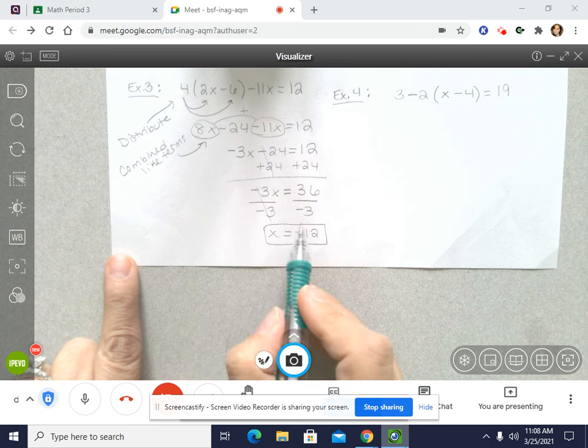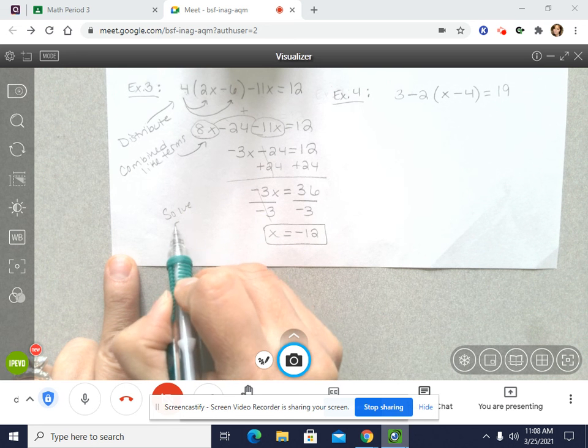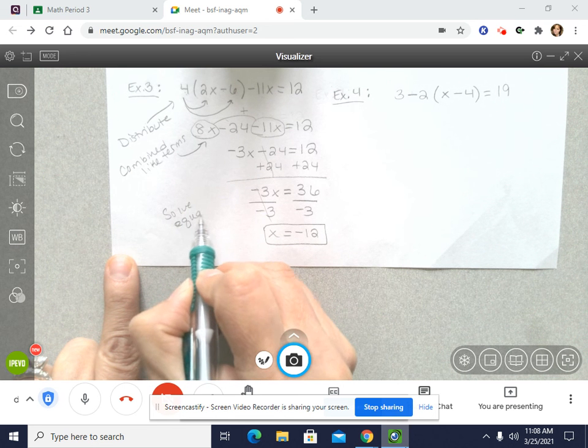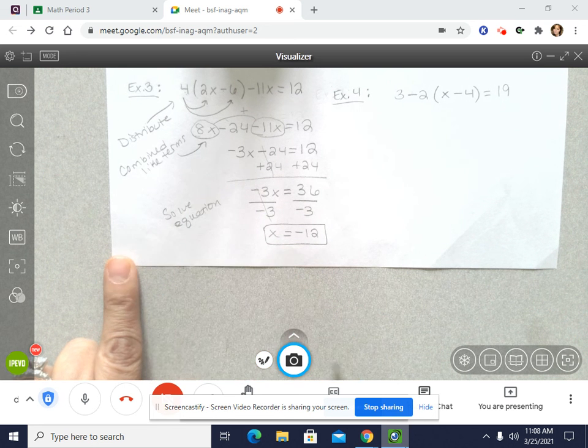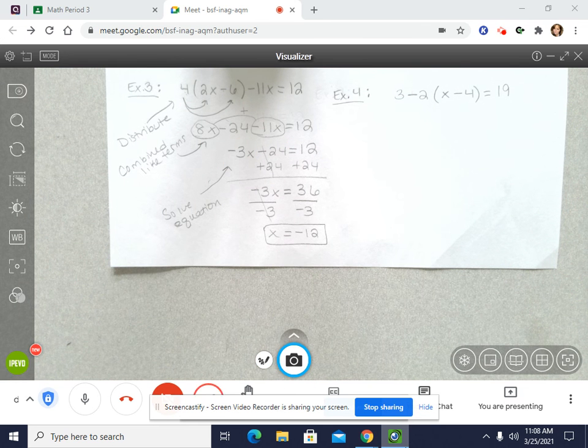Which was here, and then we solved our equation. So those are the three main pieces here, right? First you distribute. If there are any like terms to combine, then you combine those like terms, and then you solve your equation. But in between each step, you need to bring down what's left as an equation.